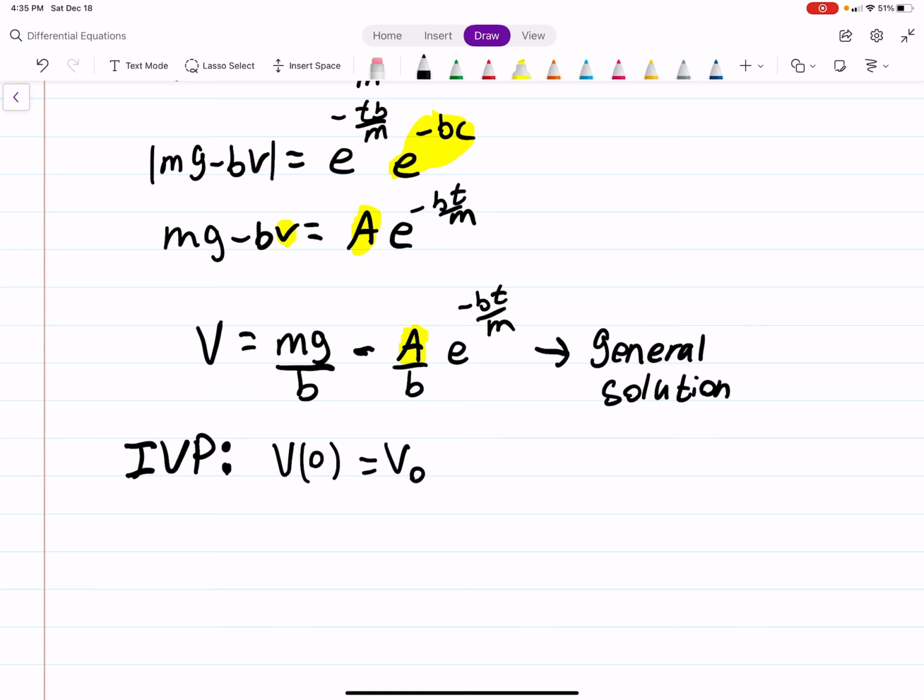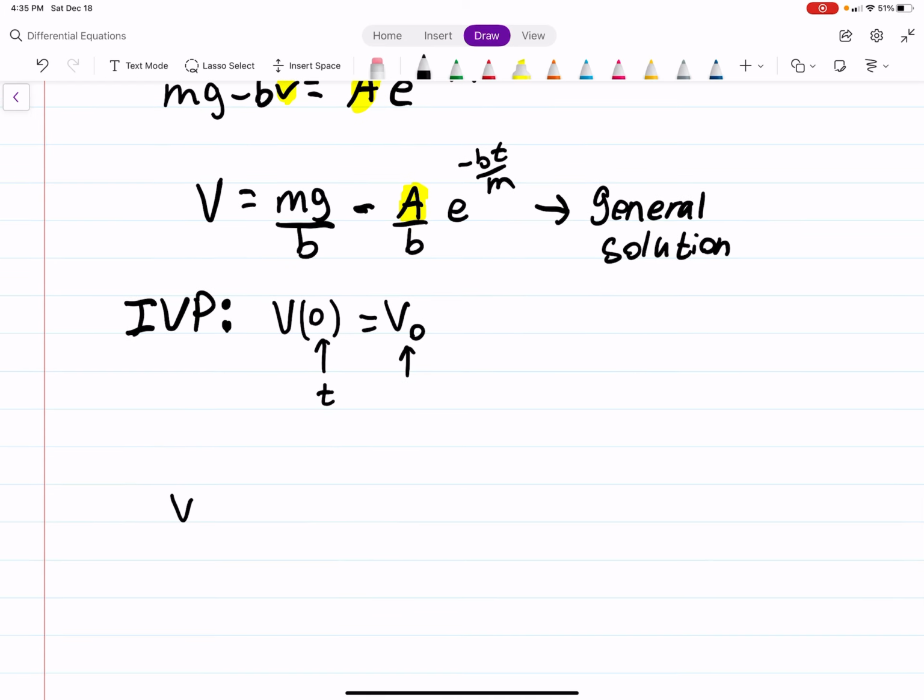Well, then you can plug that in for t, and our v is equal to v naught, so you would have v naught equals mg over b minus a over b. E to the 0 is just 1, right? So that's just that.